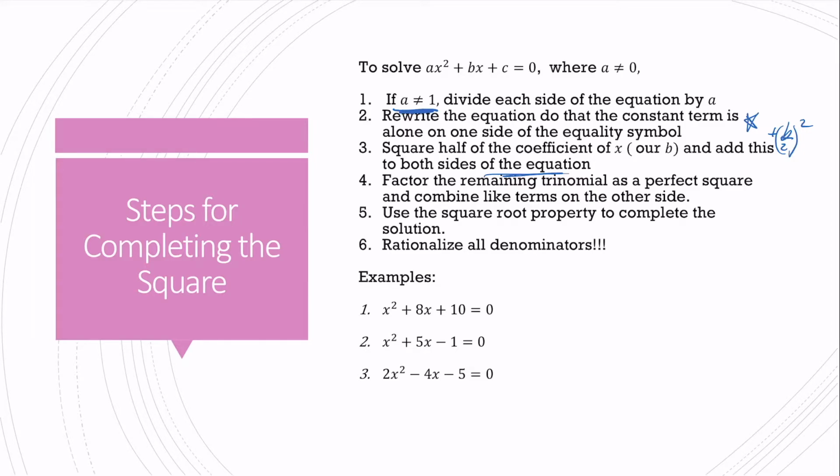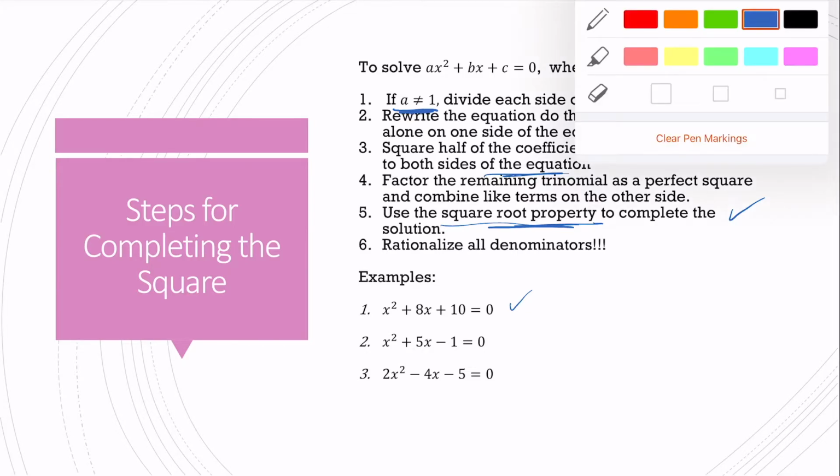Then we're going to factor our remaining trinomial as a perfect square and combine like terms on the other side. Then we use the square root property in order to find our answers.